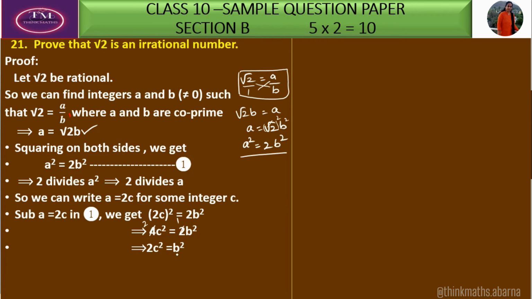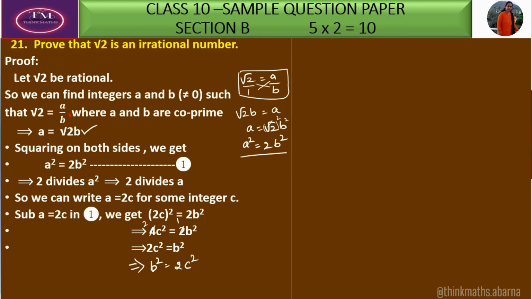So we can write b square equal to 2c square. That means b square is a product of 2, so b square is divisible by 2.